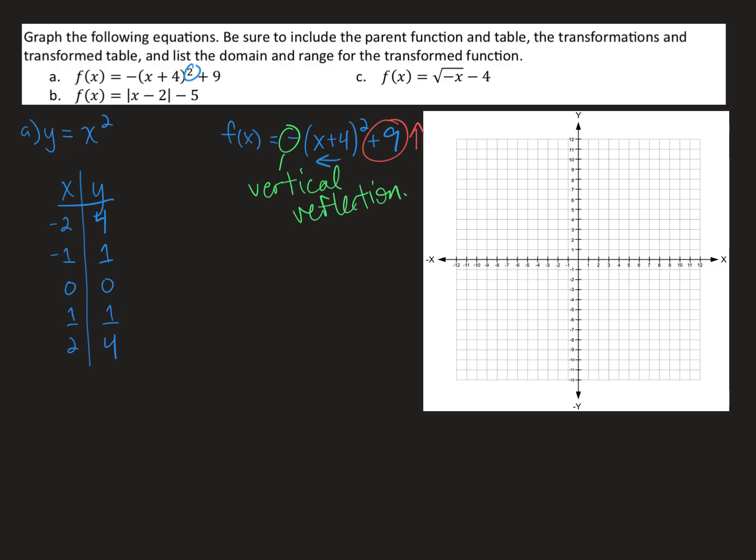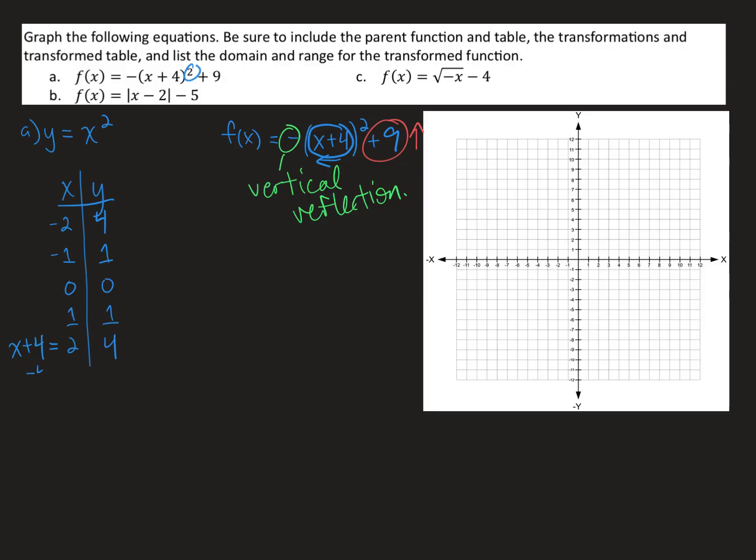There we go. And we're just going to use the same principles. It's just that this time around, we didn't know what the table was to start with. We didn't even have a graph to get the table from. So you have to create that table on your own. But very similarly, we can take what's inside grouped up with x, everything, x plus 4 equaling positive 2.